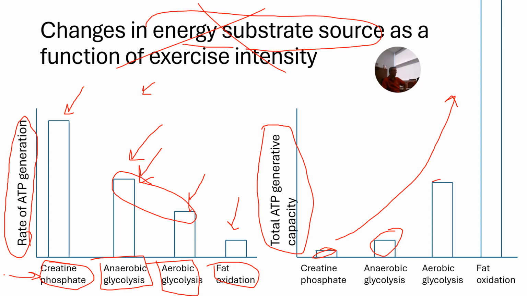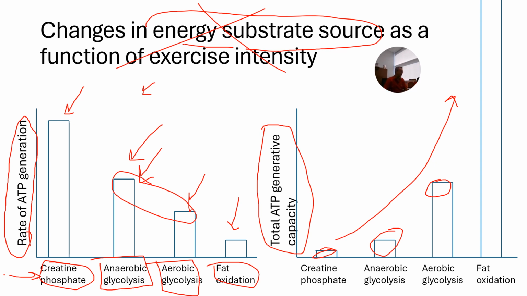Whereas aerobic glycolysis can produce much more, but remember, from glucose you only get like 2 ATP from glycolysis itself, where you get 34 additional ATP if you can send it through oxidative metabolism. So it should be much higher, right? You should be able to form more ATP aerobically.